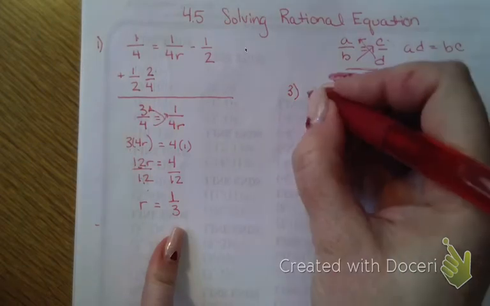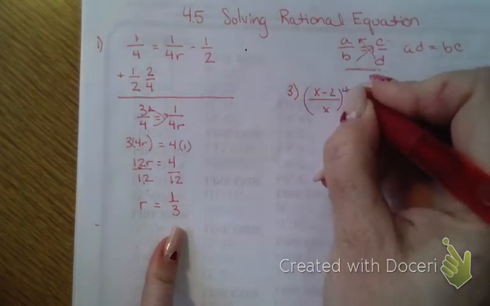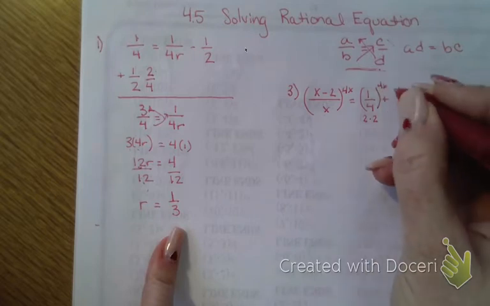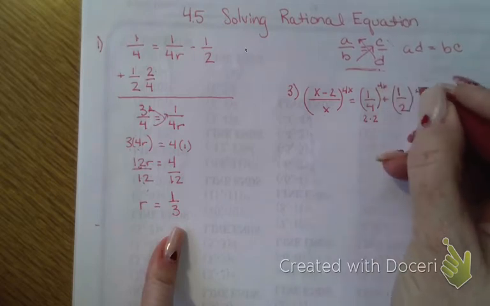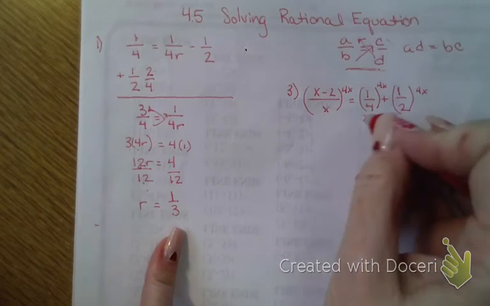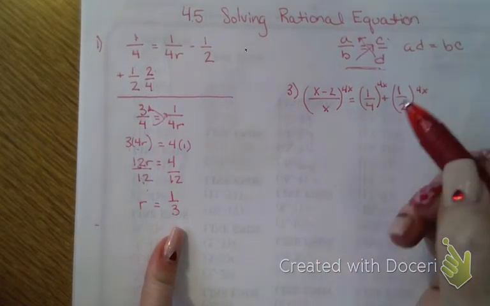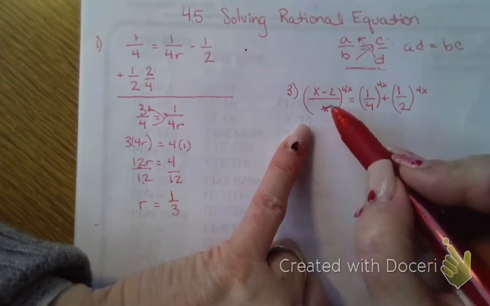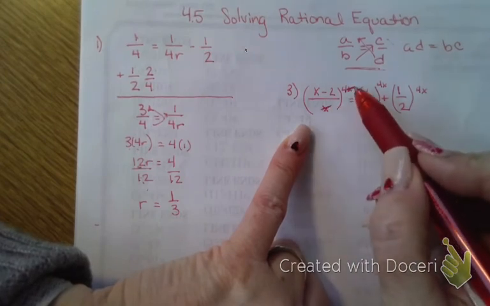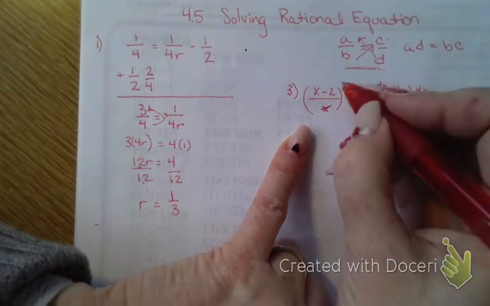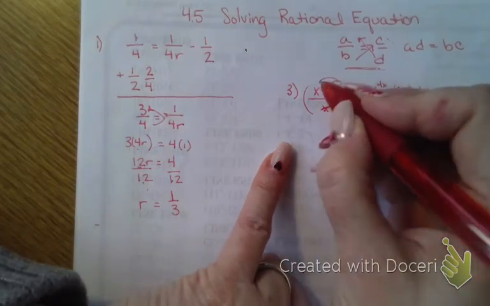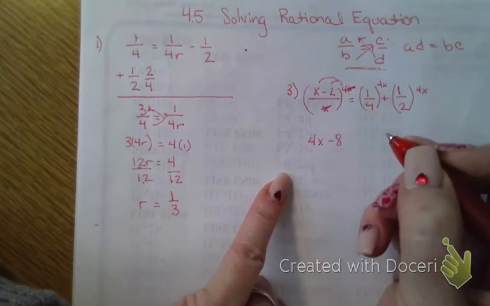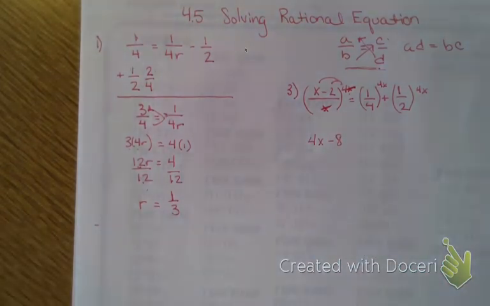So if I multiplied every single thing by 4x, would my x here and here reduce? And then I would just distribute the 4, wouldn't I? So I would get 4x minus 8.